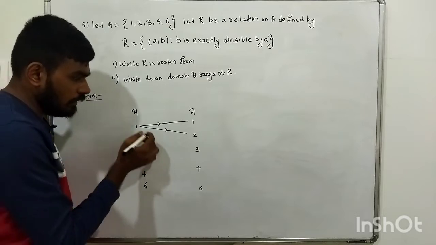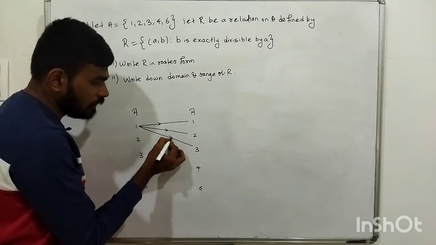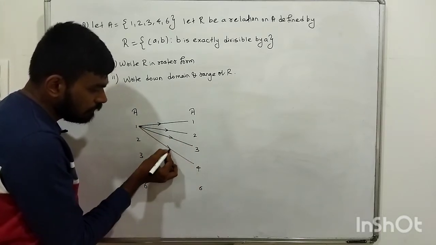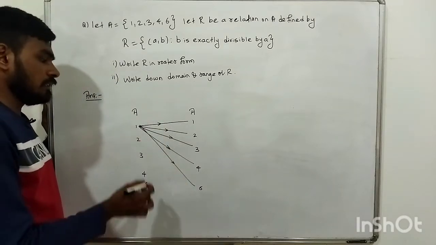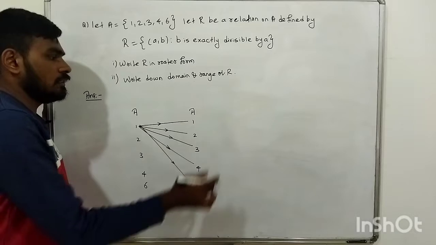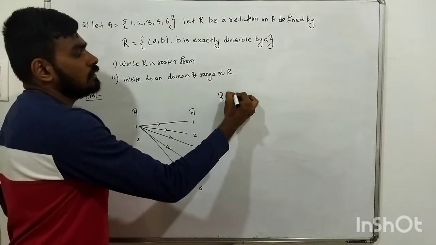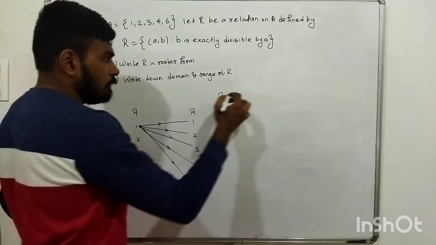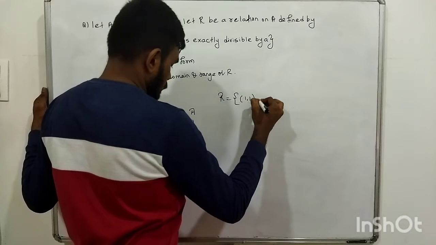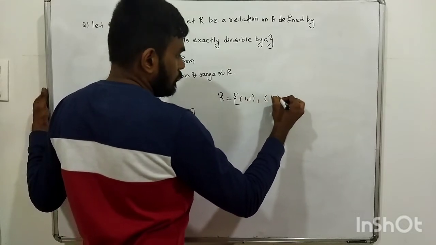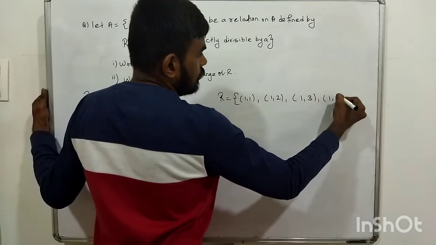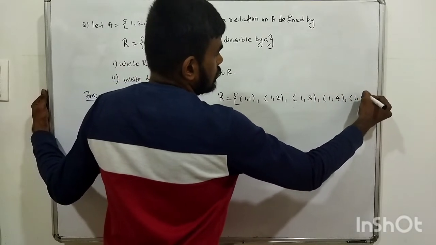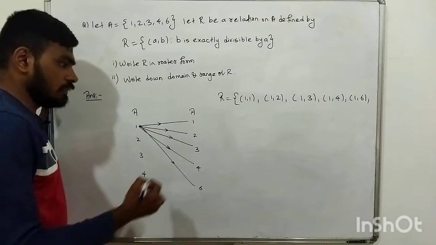Remember this. 3 again, correct. 4 is divisible by 1. 5 is divisible, 6 is divisible by 1. Okay, this is done. So R in the roster form will be what? First one is 1 comma 1, 1 comma 2, 1 comma 3, 1 comma 4, 1 comma 6. It's done.